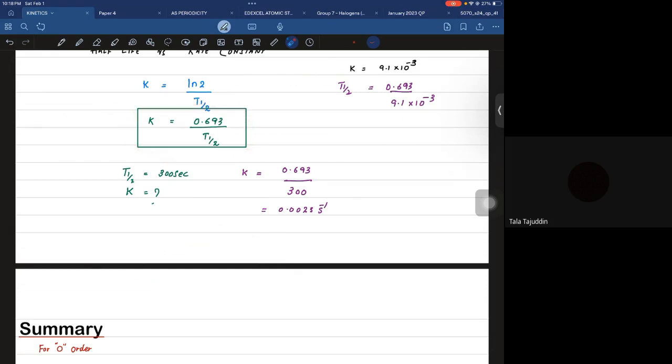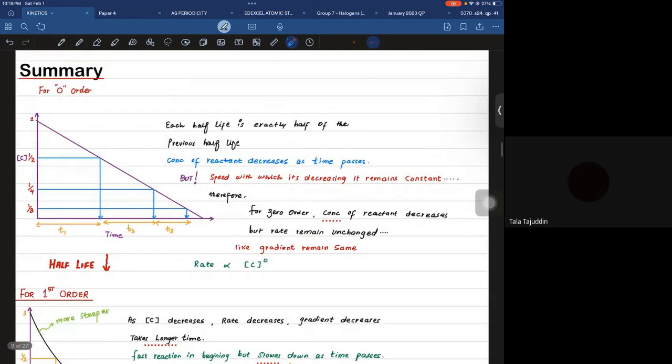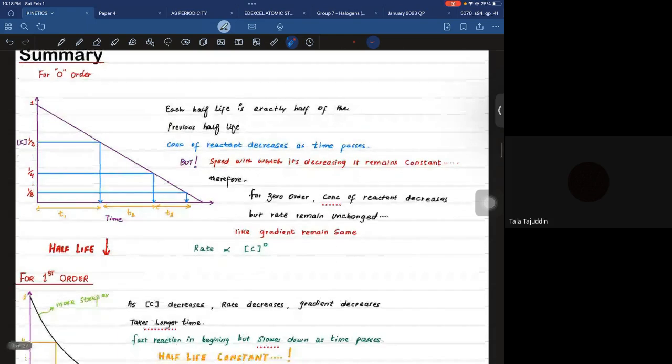And if you see this type of graph, in which each half life is exactly half of the previous half life, you can see that the half life is going to decrease.